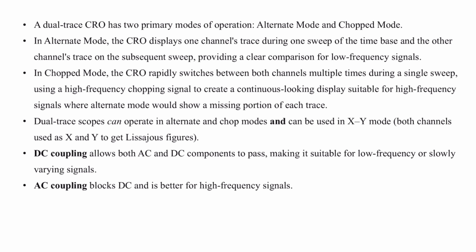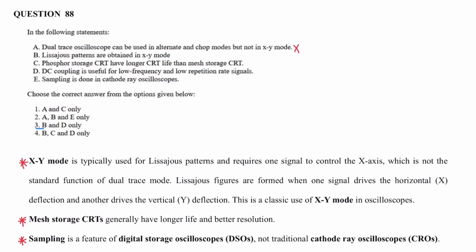Dual trace oscilloscope can operate in both the modes and can also be used in XY mode with both channels to obtain the Lissajous figures. So it can also be used in XY mode. Statement A is incorrect.